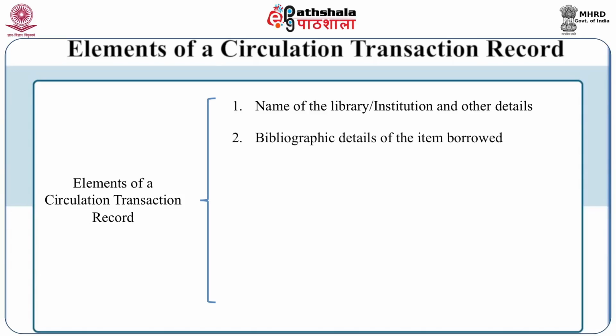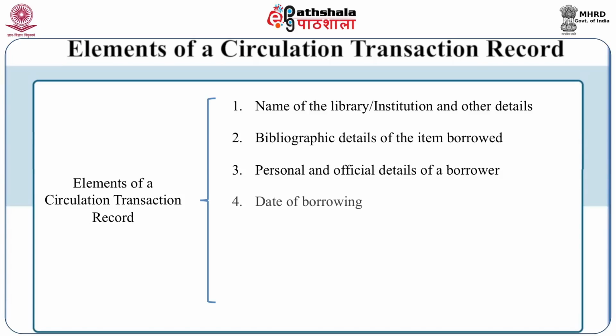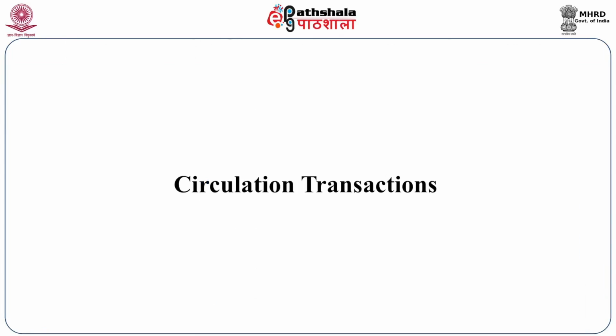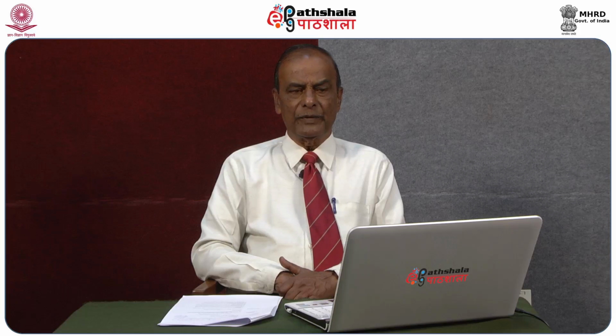The bibliographic details of the book borrowed, the personal and official details of the borrower, the date of borrowing, the due date, and the date of return, and number of times a book is issued to the borrower. The circulation transaction record consists of several variables and help in decision making in the context of the collection development.